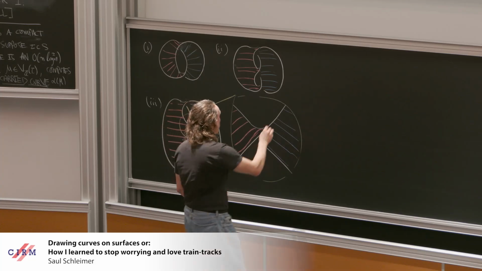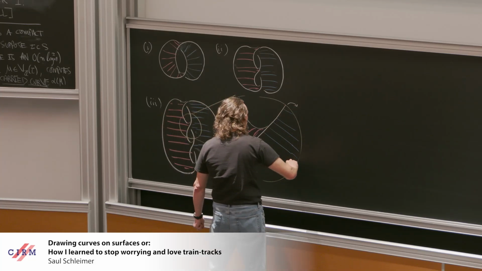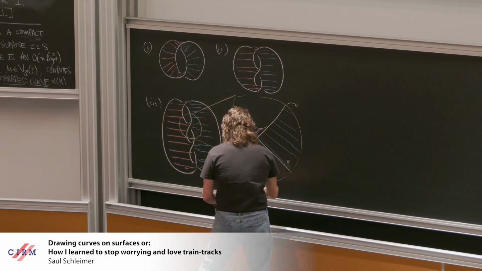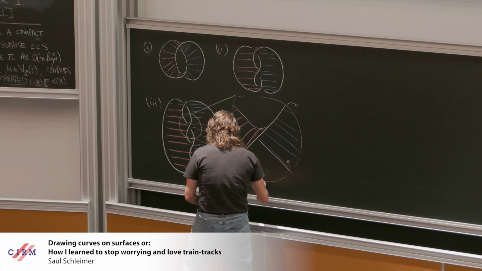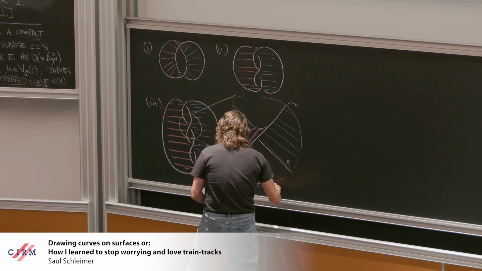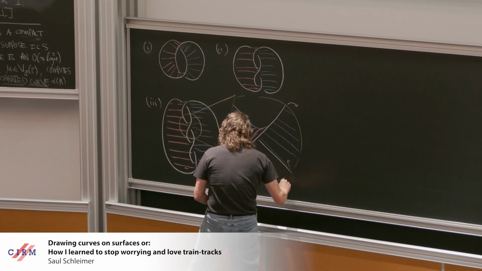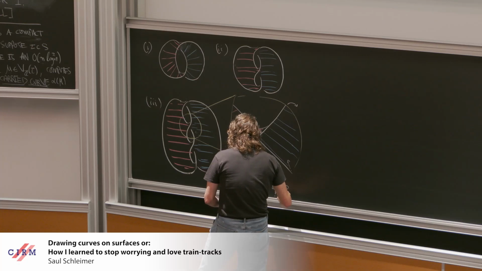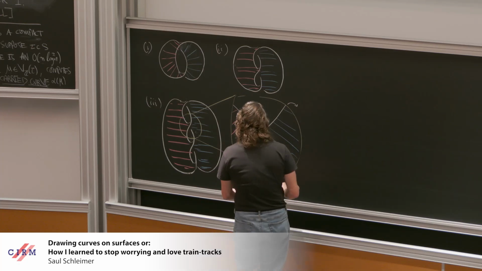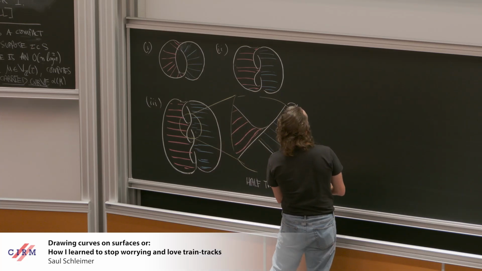If you take this and untwist the half-twisted band, then of course you will get just a band.